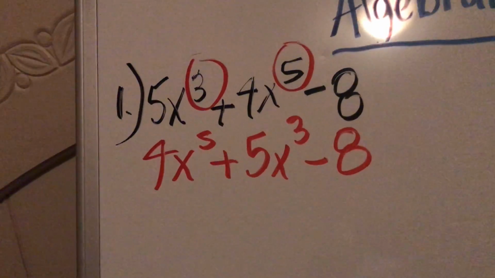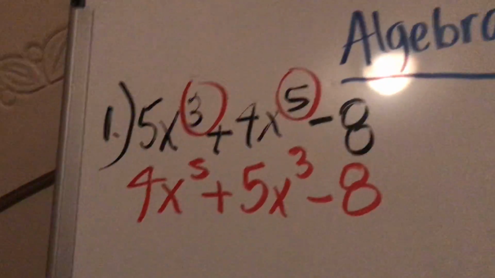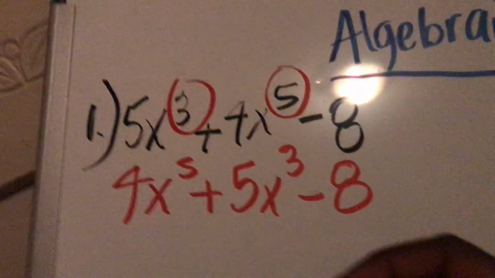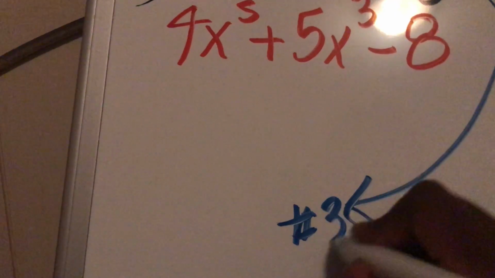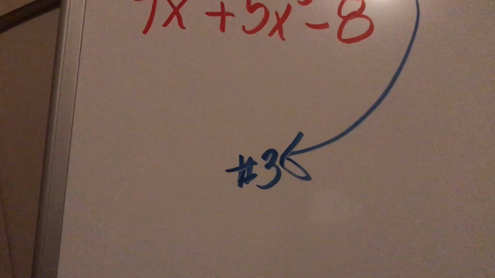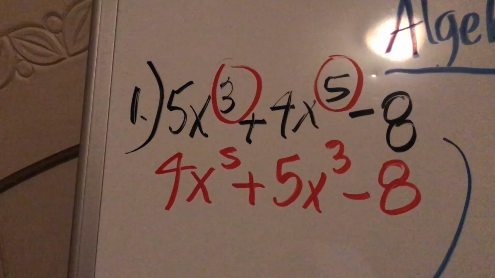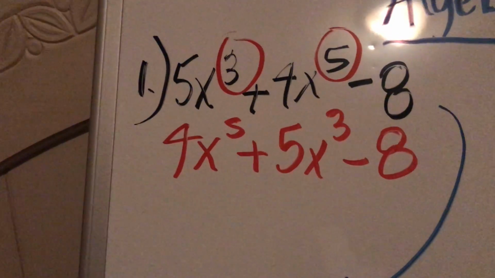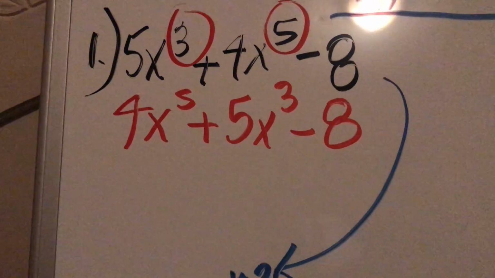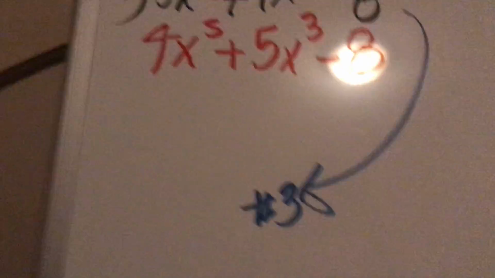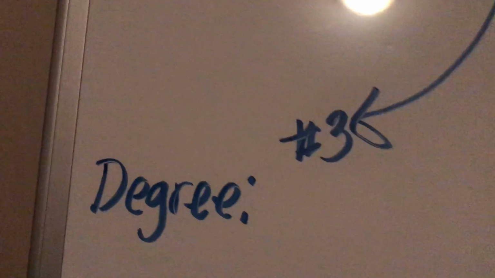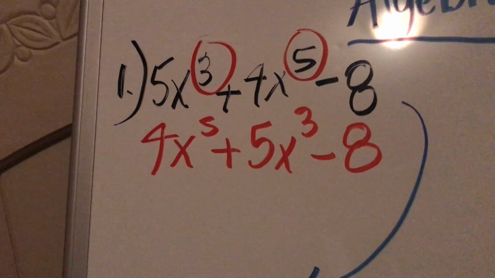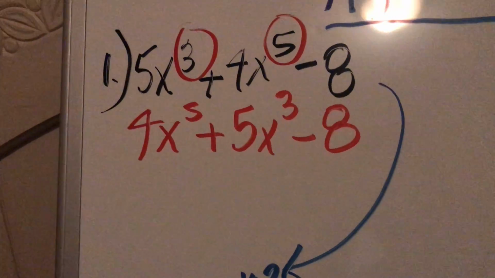And basically, the question for number 3 was to tell what is the degree of this polynomial and what are the terms. So, to find the degree, basically what you do is you just add up the exponents.